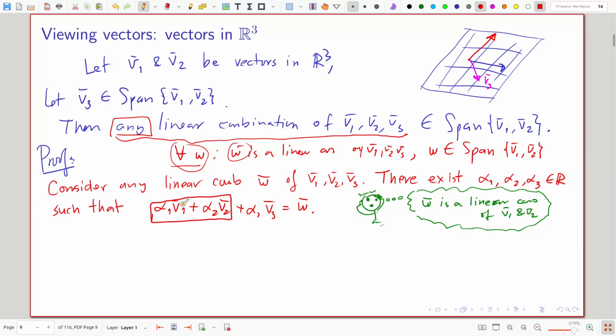So we need to somehow get rid of V3, right? But what do we know about V3? V3 is in the span of V1 and V2, right? So the fact that V3 is in the span of V1 and V2 means that V3 is a linear combination of V1 and V2, right? Okay, so we can rewrite V3 in a way that helps us. Okay, so let's deal with V3.